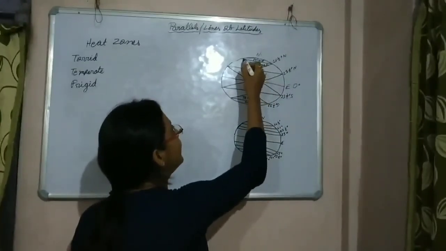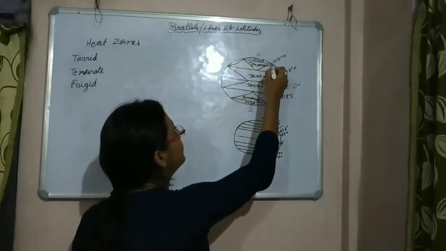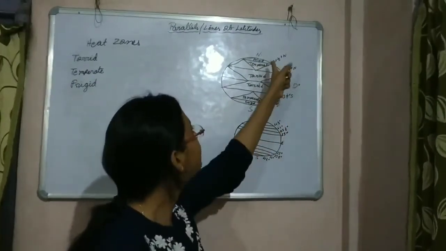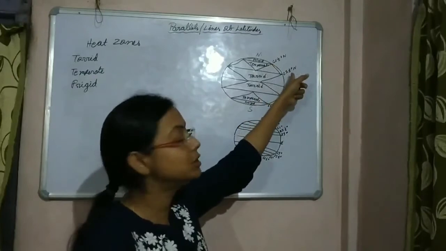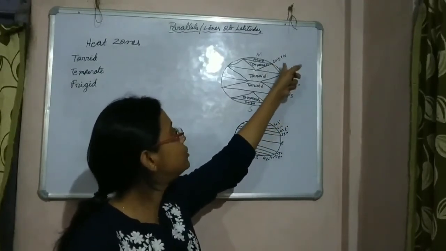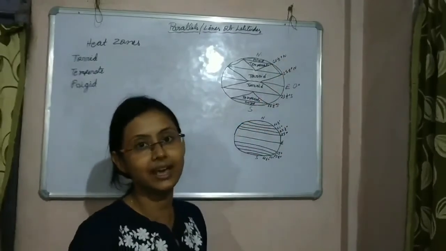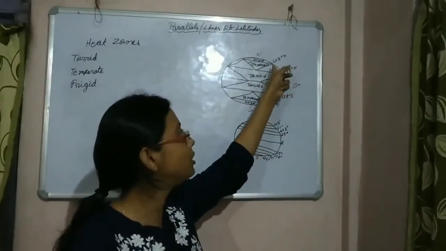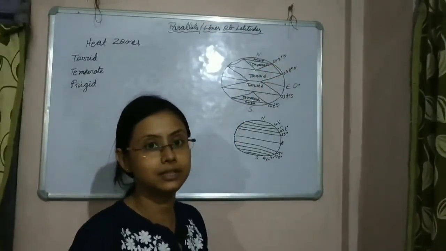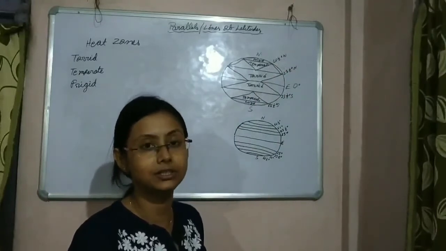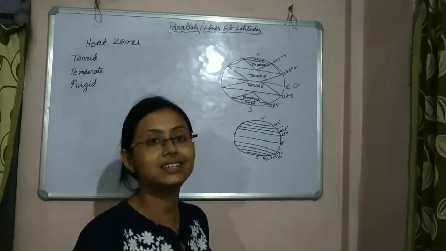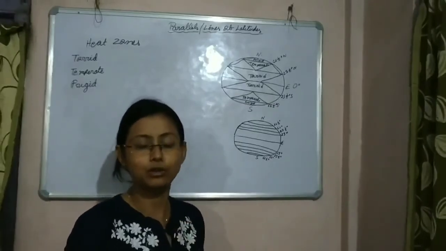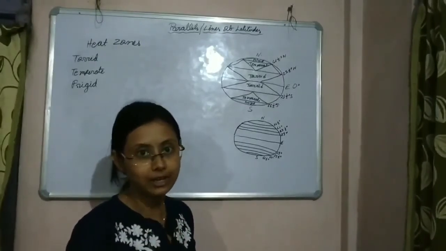That is, beyond the 23 and a half degrees N latitude and up to the 66 and a half degrees N latitude. The areas that fall in this place are recognized as the temperate zone, which has a moderate climate, not very cold and not very hot.